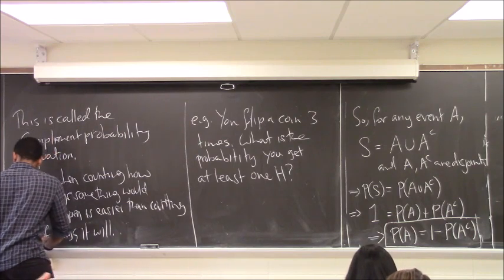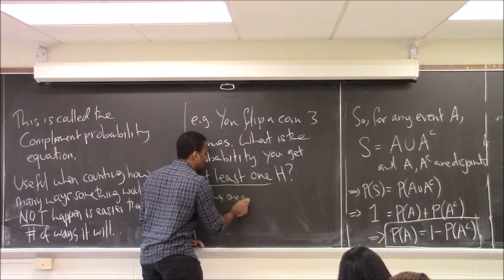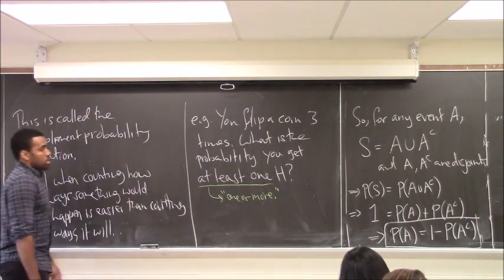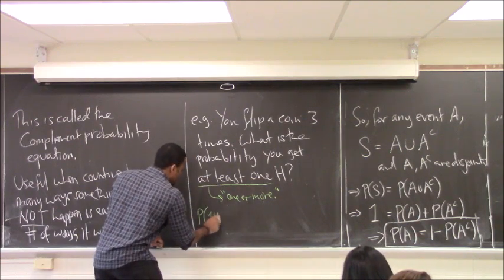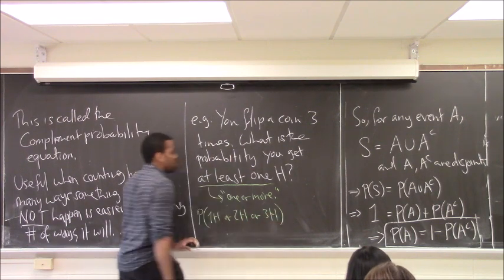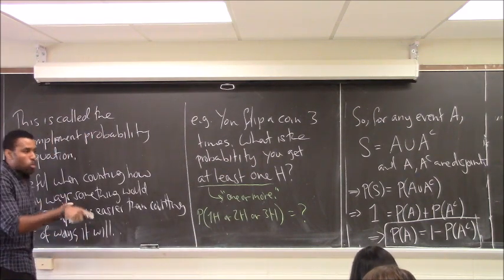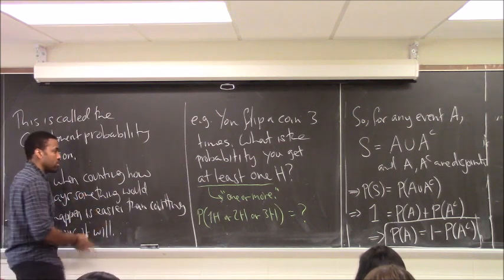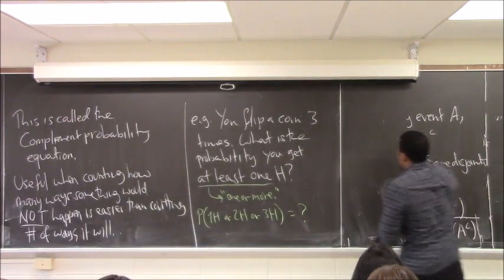Okay, now, you guys have probably seen this before, but at least 1 means 1 or more. Right, that's what this means. So basically this is asking for the probability of 1 head or 2 heads or 3 heads. Right? So now you start to have to think about, well, how many ways could I get 1? And how many ways could I get 2? And how many ways could I get 3? And do these overlap? And can I just add them? You'd have to go through that whole thought process, which here it's not going to be that bad, but just to emphasize to you how much easier it could be.